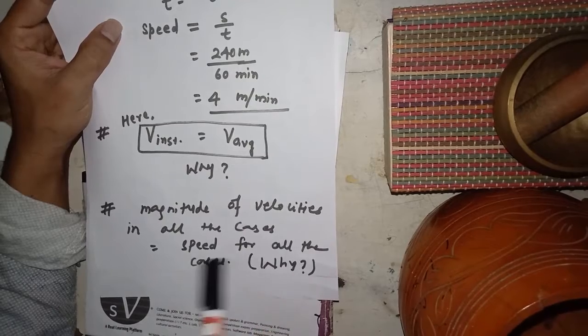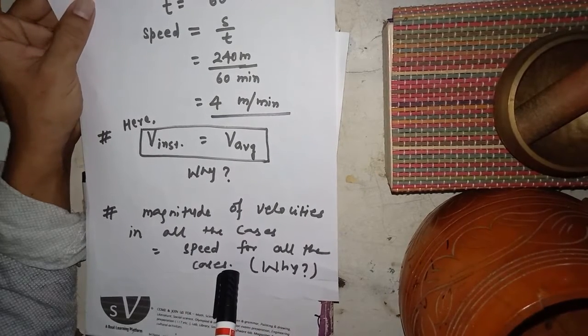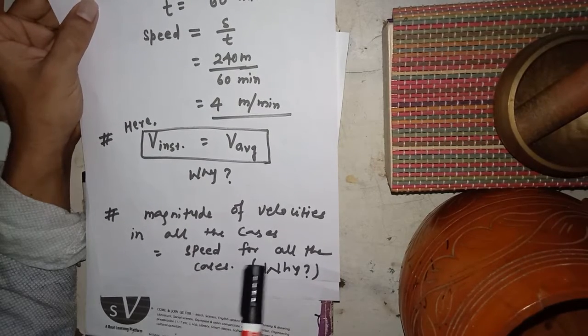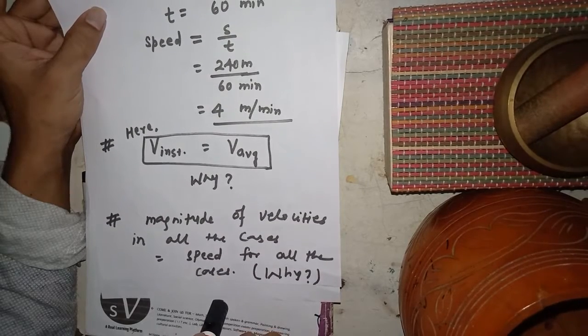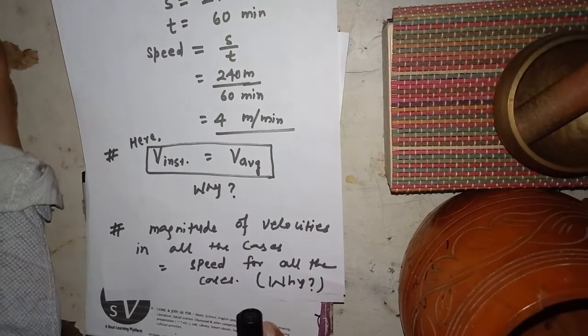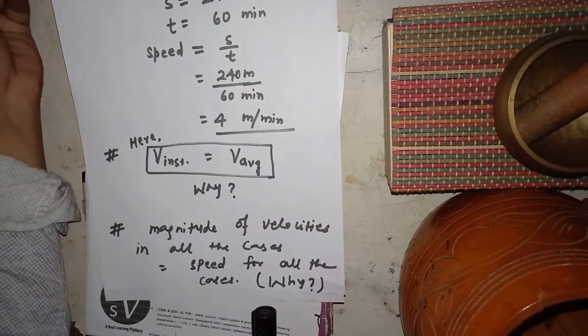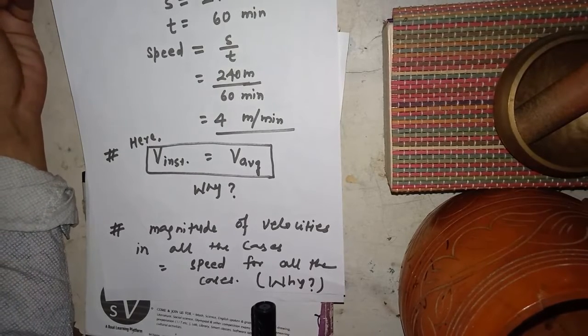So in this case the magnitude of velocity is equal to speed. Have you got my point? Why it happens I have already told. Because the direction and the instantaneous velocity are the same, that means data is the same for every point.